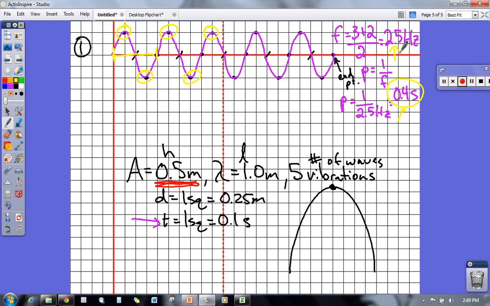Because if you didn't get this frequency right, the period would be wrong as well because you use frequency in the problem. So it does a double check by doing that. That's number 1. So number 1 is done.